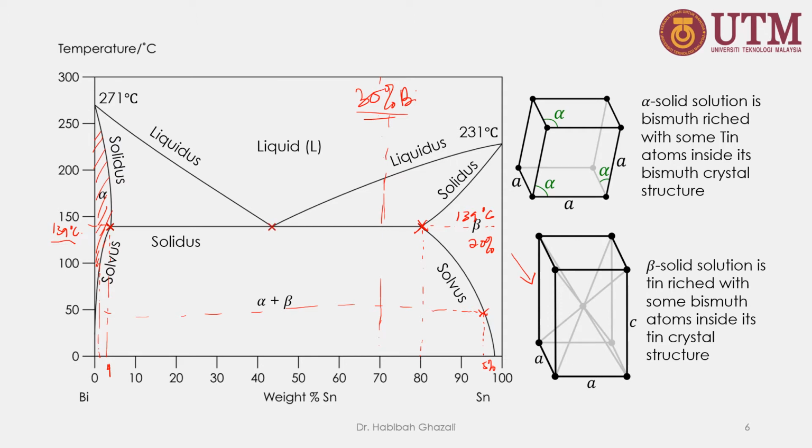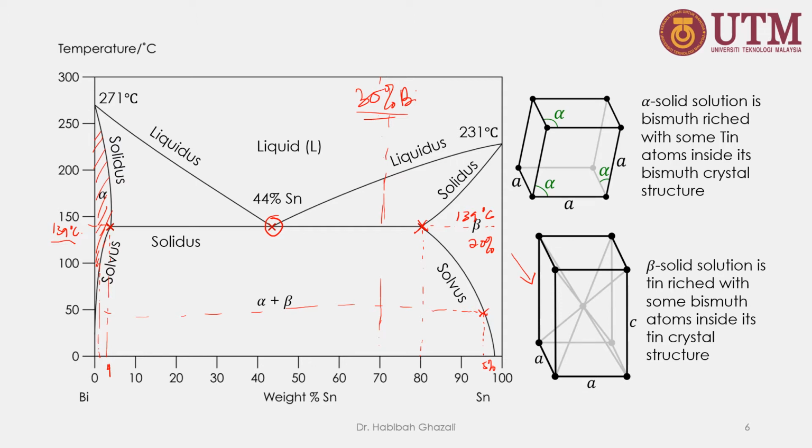And also you can see these two regions here. You can also see there's another point here. This point is what we call the eutectic composition. So as you can see, let me highlight it here. This is the eutectic point.